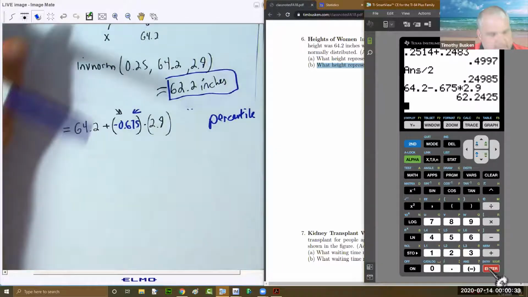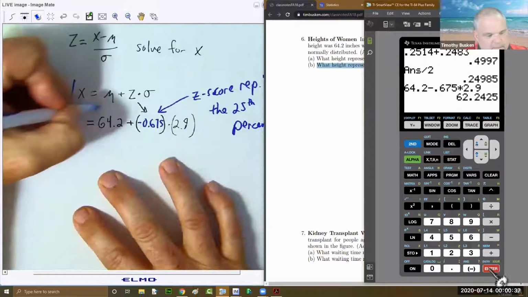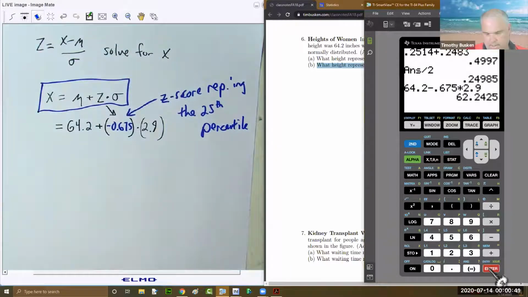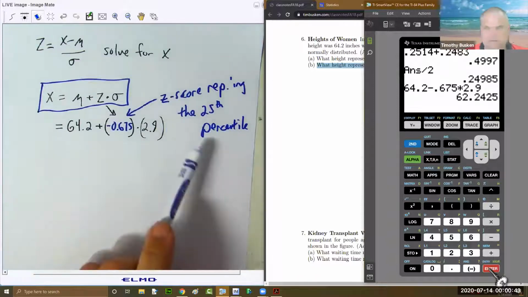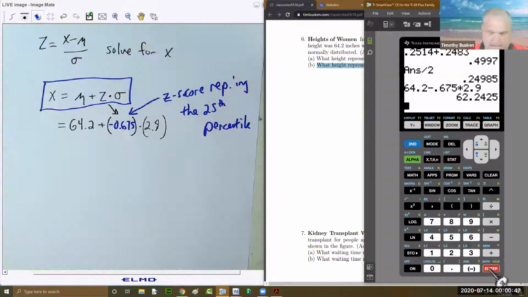So the long way to do it is you use this version of the z-score formula, and you have to find the z-score representing the 25th percentile off the z-table. So that's how you would do it both ways.